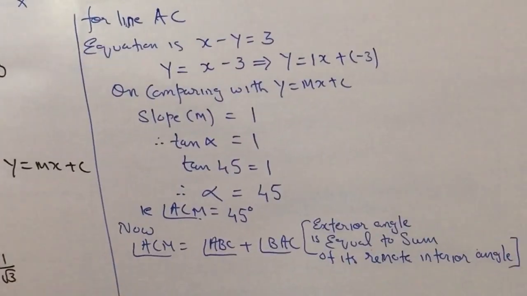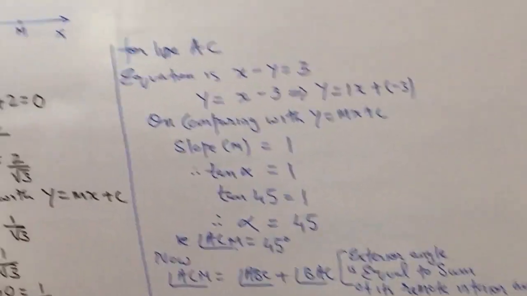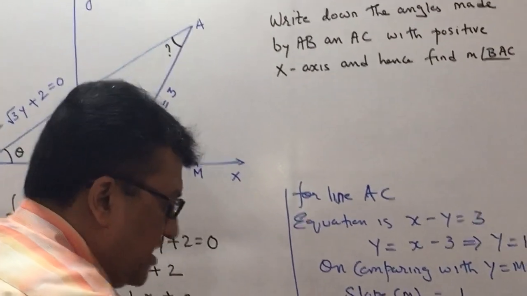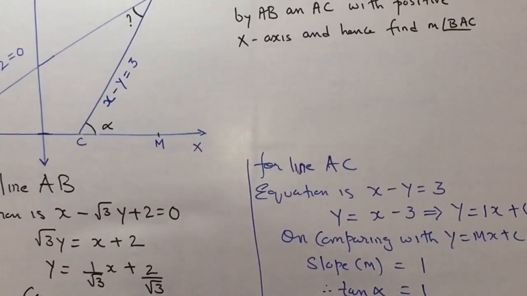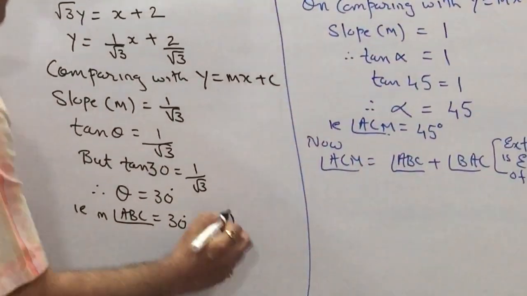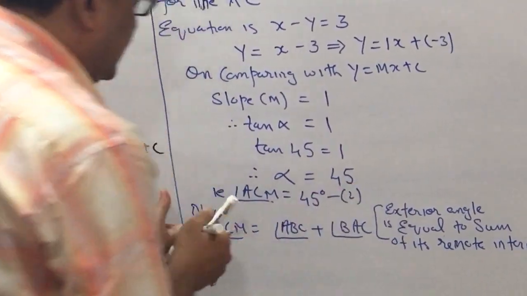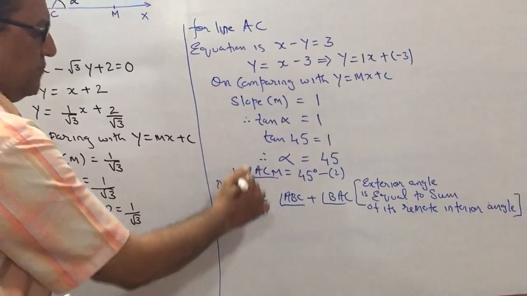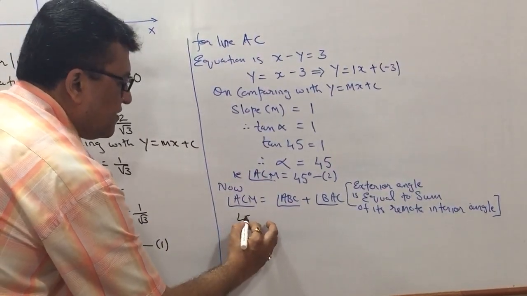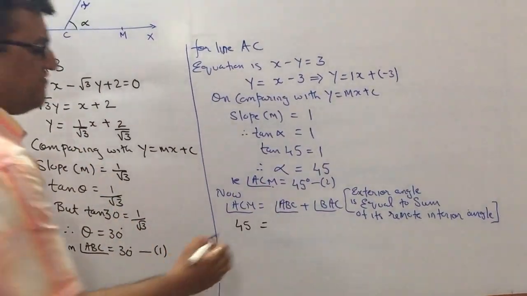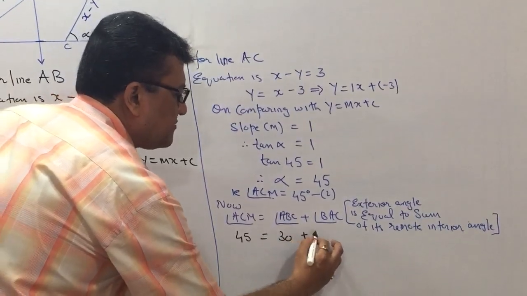Let's jot down the values. ACM, which is alpha, we have already got it. So let me say this as my equation number 1. Let me put this as my equation number 2. So I can say very well ACM, which is 45, is equal to ABC, which is 30, plus BAC.